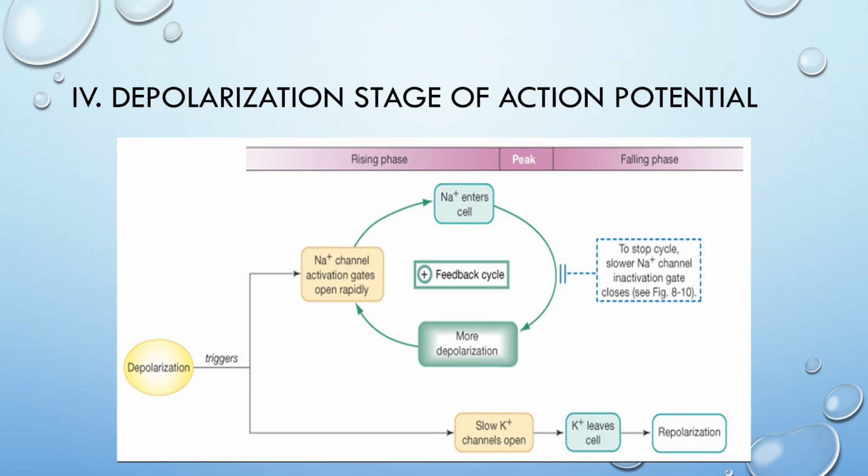And the process continues following the vicious cycle until the whole area is depolarized and the membrane potential reaches the threshold value to produce an action potential. Only then does the positive feedback stop, once it has reached its goal.